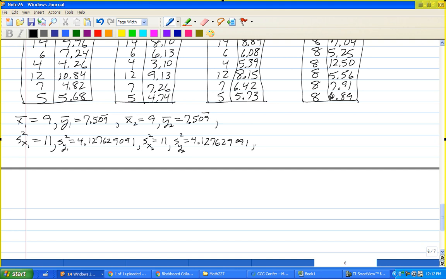Now let's figure out the other mean. The third one, the mean's going to be the same, and so will the variance. And let's do the mean and variance.